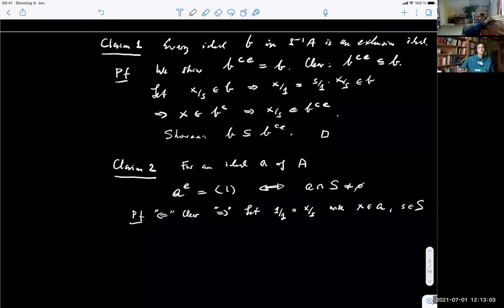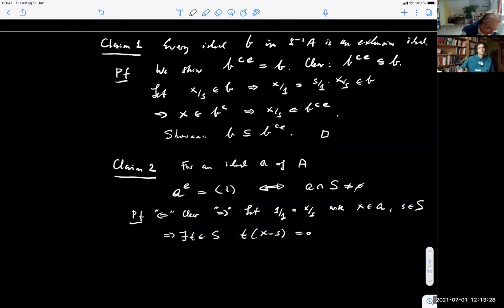What does this equality mean back in the ring A? If you remember, there is some t in S such that t times (x minus s) equals 0. This is the injectivity condition of the map F.